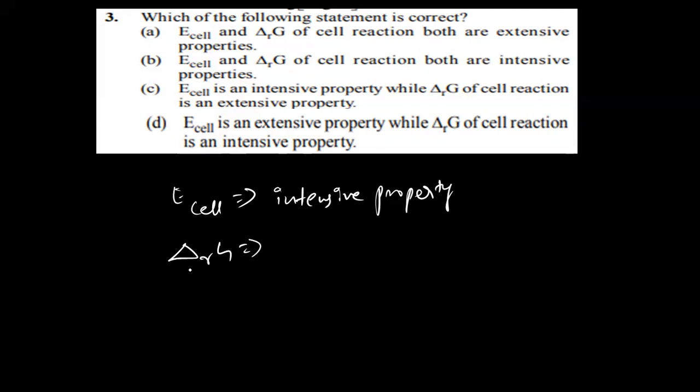It is nothing but change in Gibbs free energy for the reaction. So it's an extensive property. Then what is meant by extensive property? It's nothing but the property which depends upon the mass of the species. So for question number 3, it's option C.